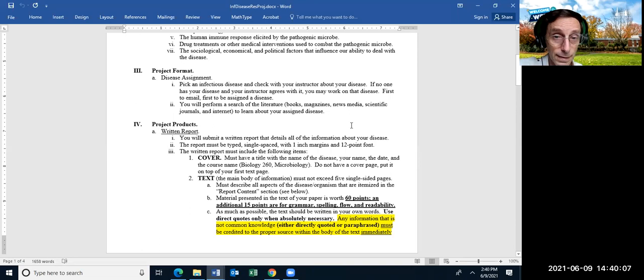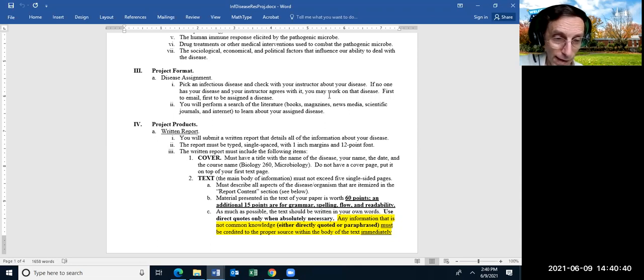All right. The point is that the first person who chooses a topic, you get the topic. The second person who chooses that topic, I am not going to generally allow. I've decided I will allow 2 people to do COVID-19 if they choose different aspects of the disease to report on.